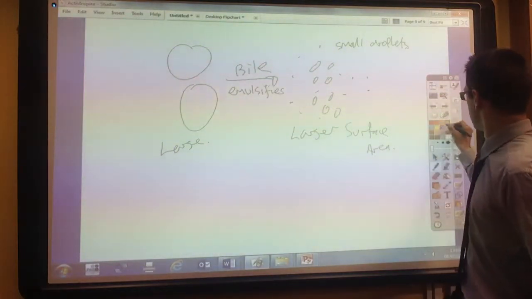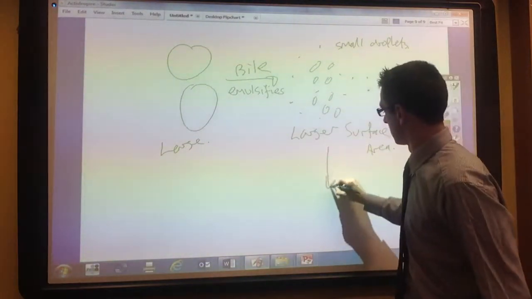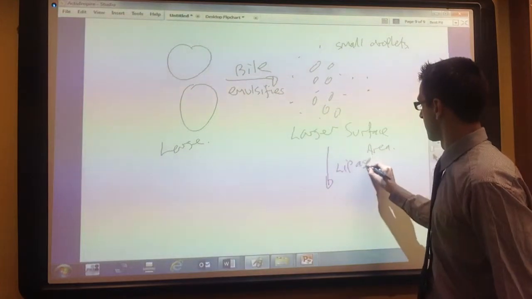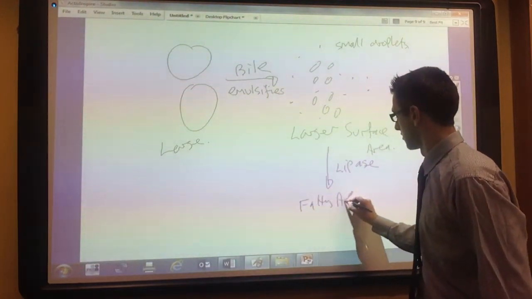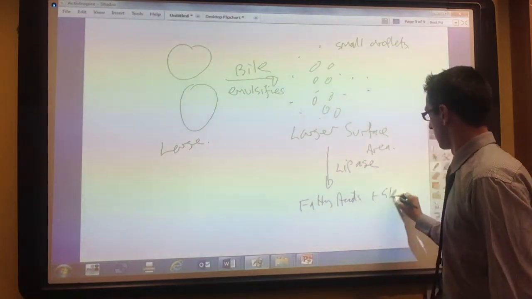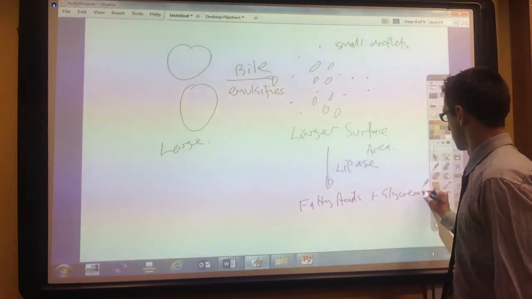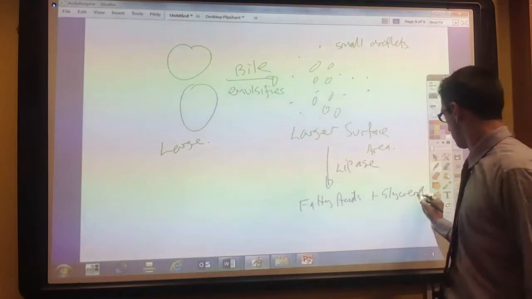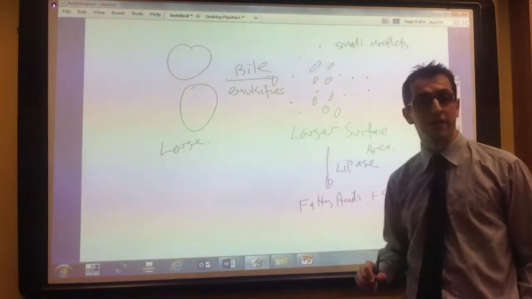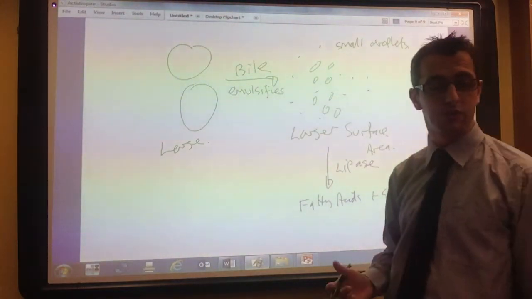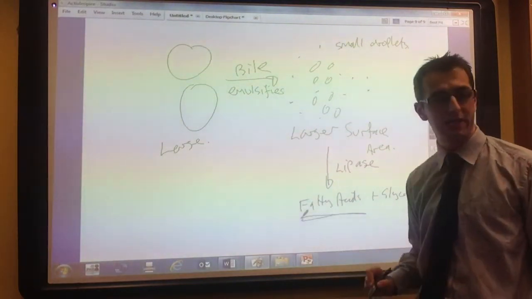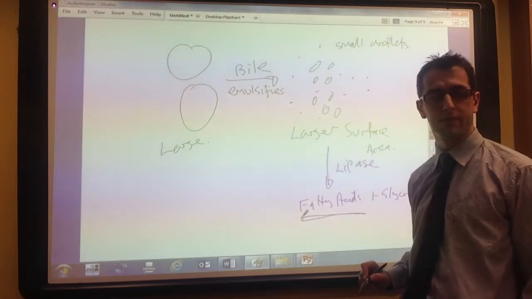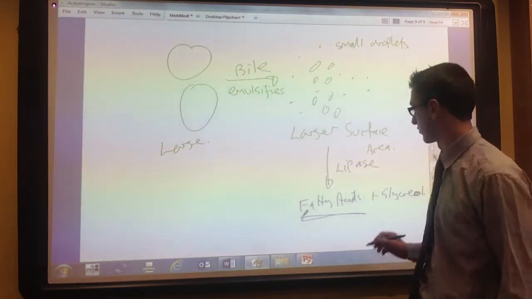As a result of the lipase action, fatty acids and glycerol are produced, and therefore if you're in an experimental situation, this acidity would increase, so lowering the pH as a result of the fatty acid production.